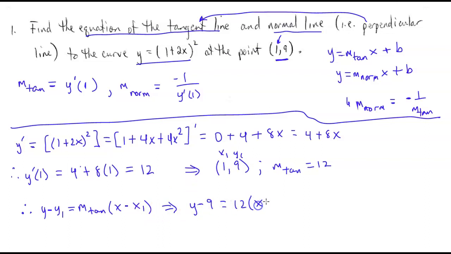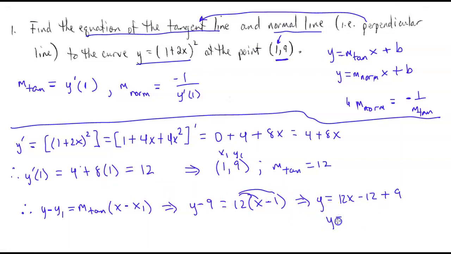Slope is 12, x minus 1. And of course, if we add 9 to both sides after distributing in both terms here, we would have y is equal to 12x minus 12 plus 9.